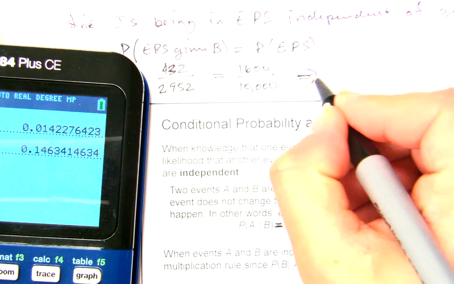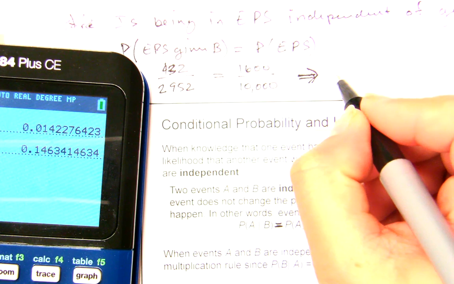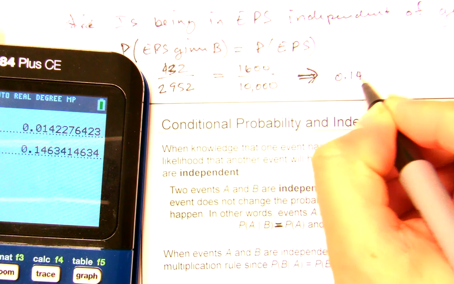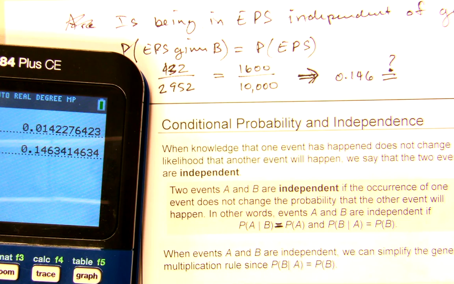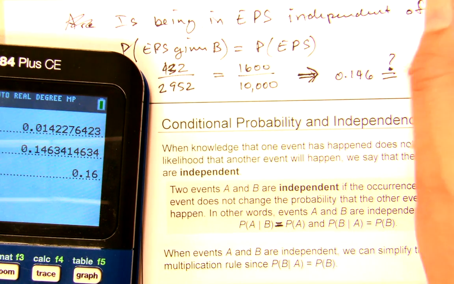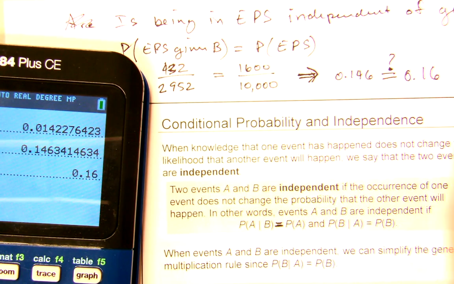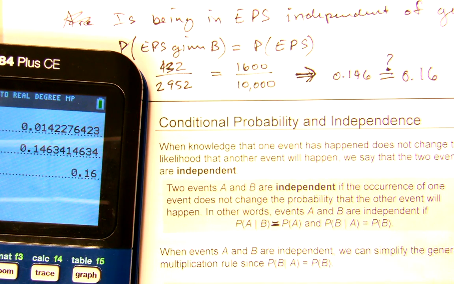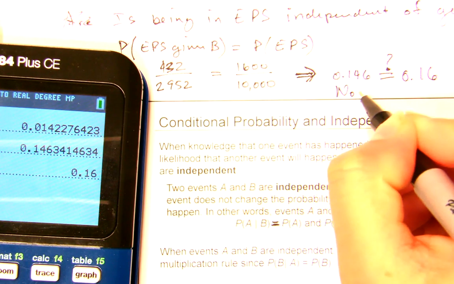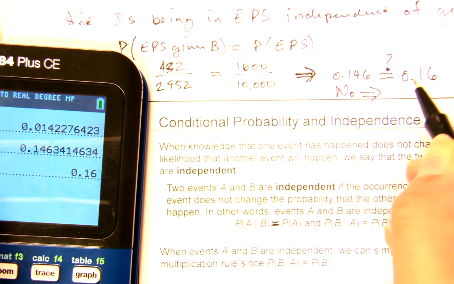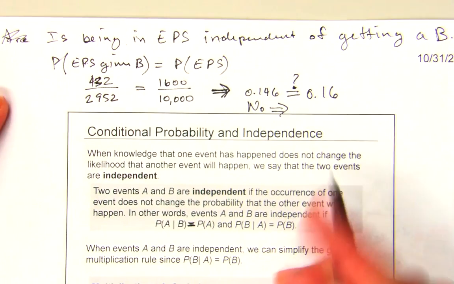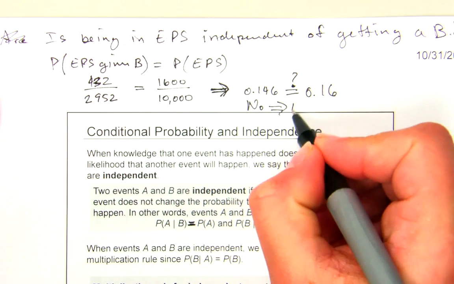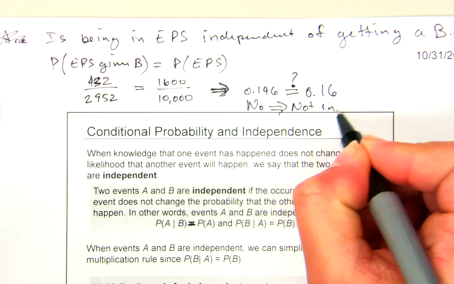That gives me 0.146. Is that equal to 1,600 out of 10,000, which we did already? That's 0.16. So, are they equal? No, they are not. And this is where you have to say it correctly in context: if they're not equal, that means they're not independent.